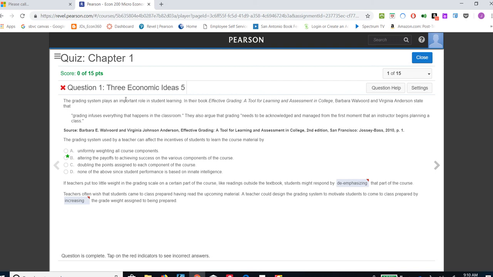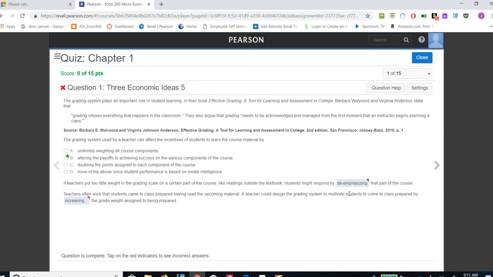So once you're doing this, realize that it's just like a sit-down class where you're taking a quiz, and then after the due date, you will see the score for the quizzes, and then you will be able to go back and see what the right answer was. For obvious reasons, you can't do that until after the due date. And every student gets a different question on these. These are algorithmic, okay?